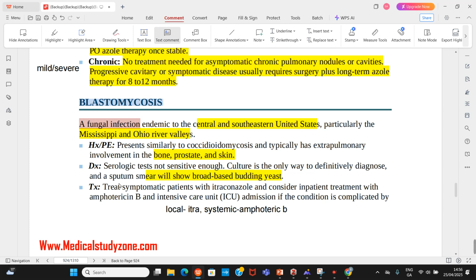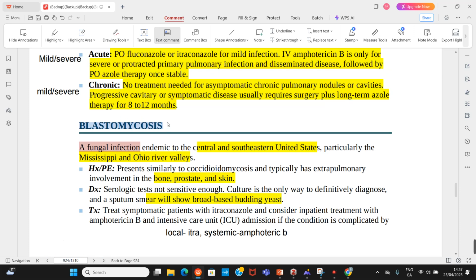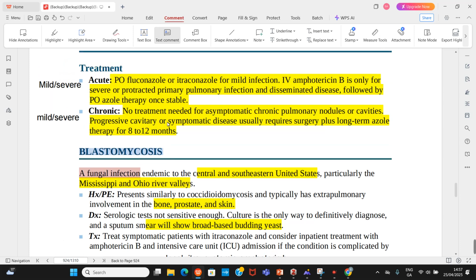And they were able to do a KOH mount or a silver stain, and they saw broad-based budding yeast, BB, for blastomycosis. BB is always for blastomycosis. Narrow-based budding yeast in the macrophage is histoplasmosis.